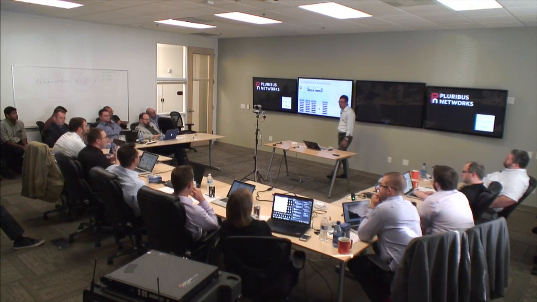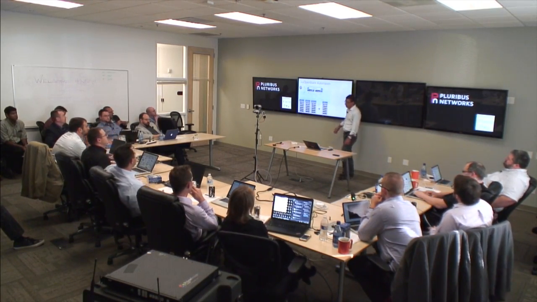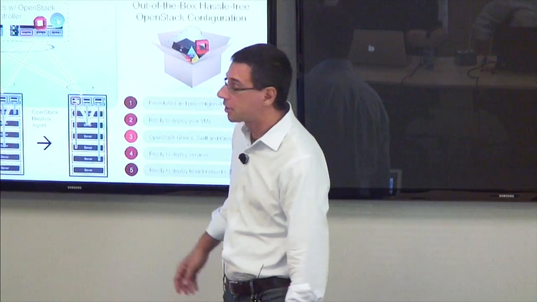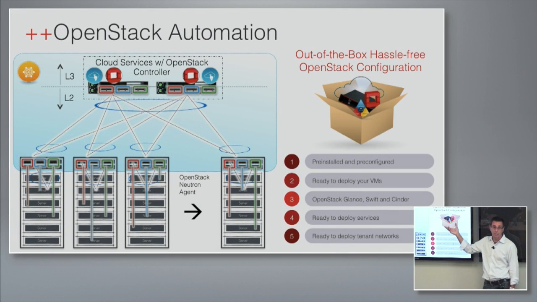Okay, and once you have all this, we can also use OpenStack to manage the entire infrastructure. One of the things we do on this platform is out-of-the-box, hassle-free OpenStack configuration, so you can focus more on managing your network and your workloads. We take care of coordinating the entire OpenStack infrastructure right out of the box, pre-installed and pre-configured, ready to deploy your virtual machines in a matter of minutes.